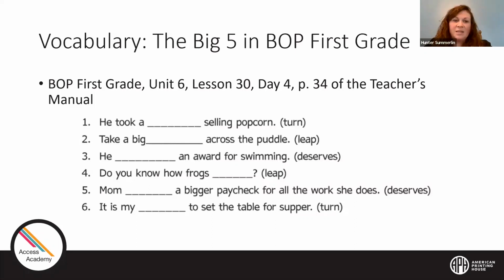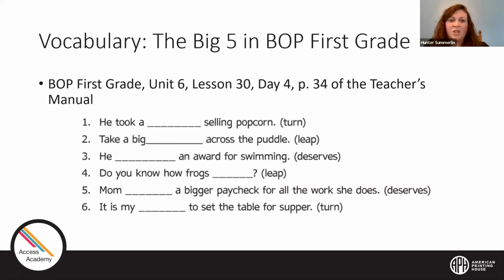So in this activity, you have numbers 1 through 6, and you have a sentence with a blank in the middle or at the end, and then you have a word in parentheses after the sentence ends.